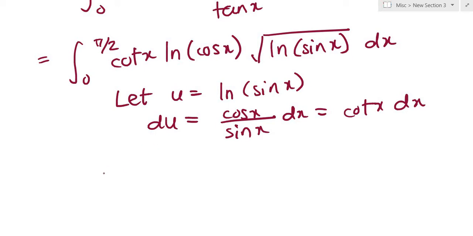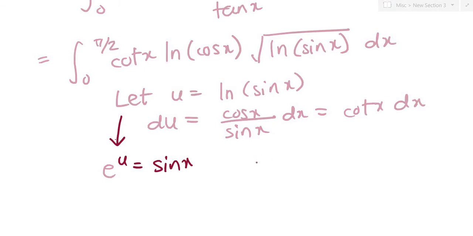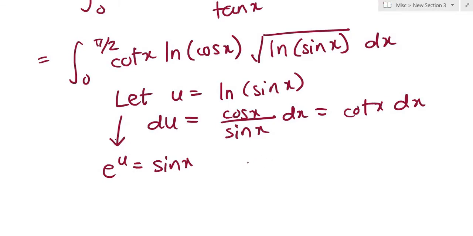So we know that e raised to u is equal to sine of x, right? From this. But well, how can we express the cosine in terms of the sine? Well, we know the square identities, right? We know that cosine squared of x is nothing but 1 minus sine squared of x.